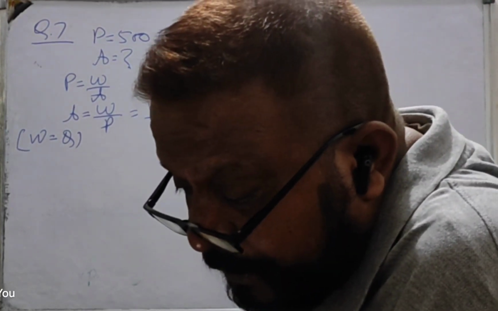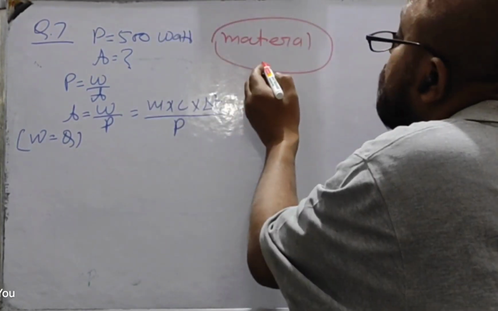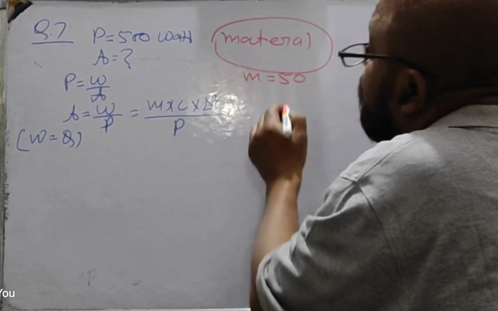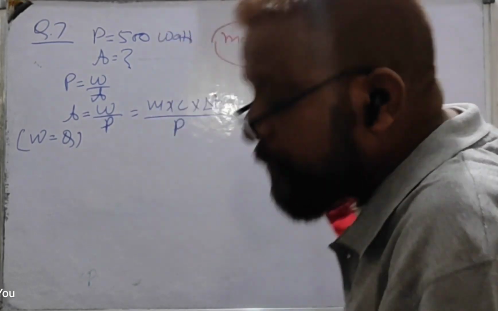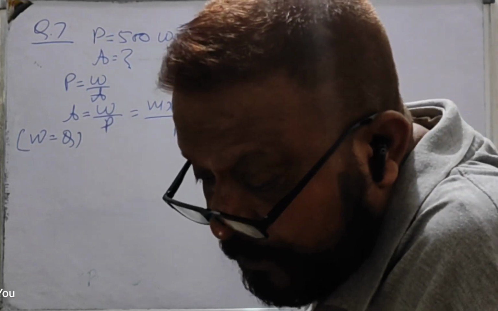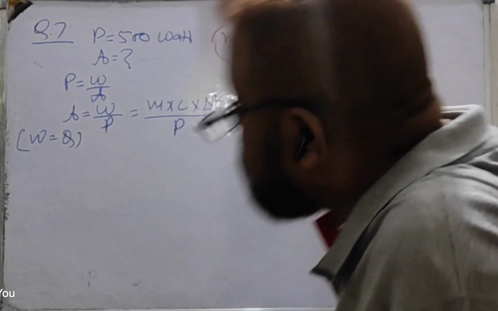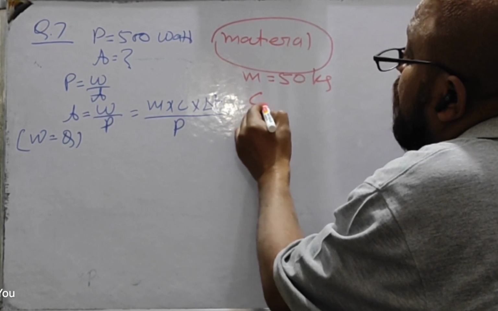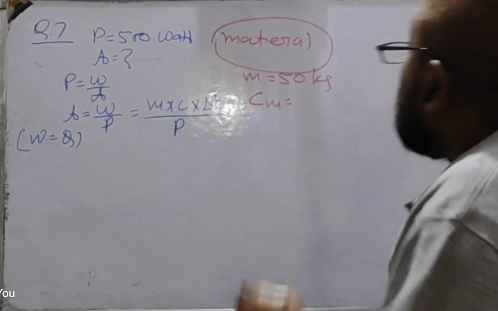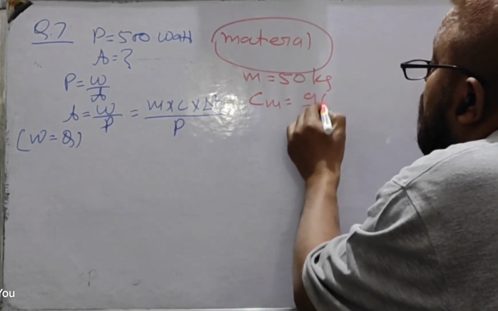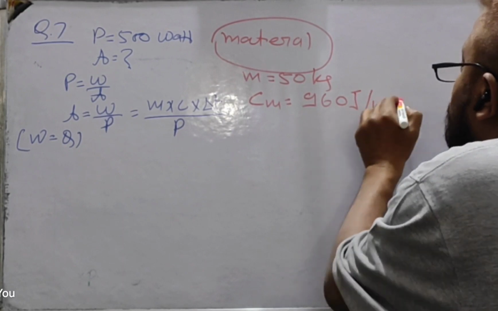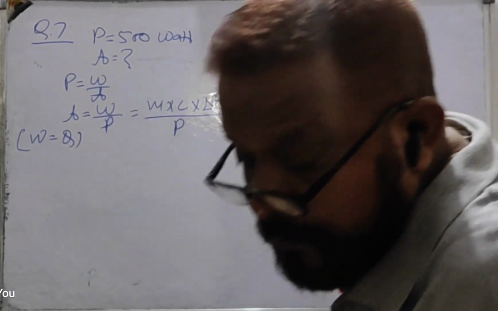The material is of mass 50 kg. The specific heat capacity of the metal is 960 joule per kilogram per degree Celsius.